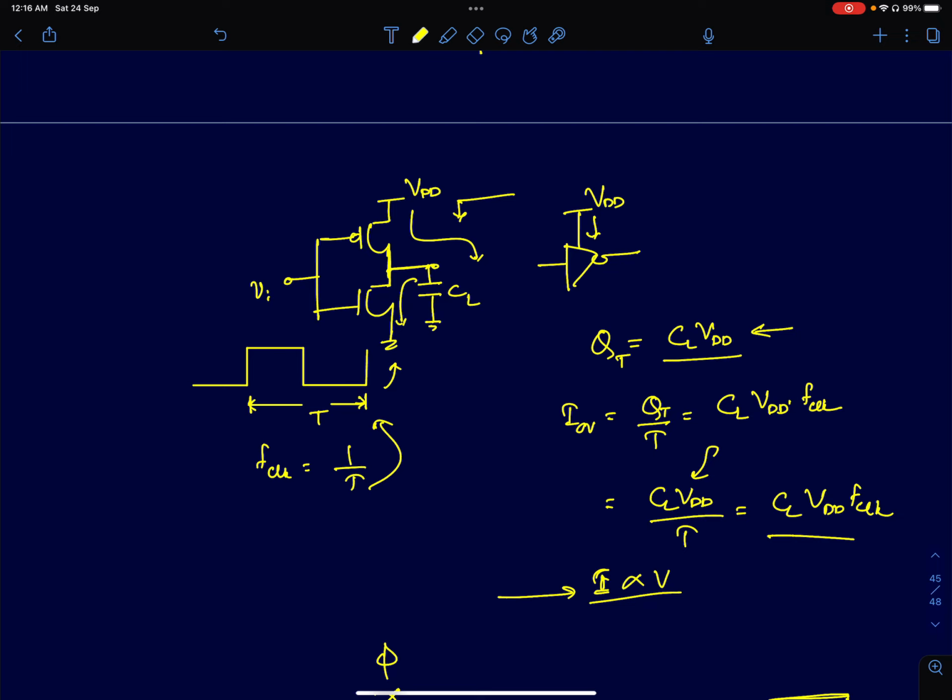So as far as the supply is concerned, the CMOS inverter is going to behave like a resistor. What is the value of the resistor? I just have to do V by I. If I do VDD upon I average, I'm going to get 1 by CL into f clock. This is the average resistance offered by the CMOS inverter.